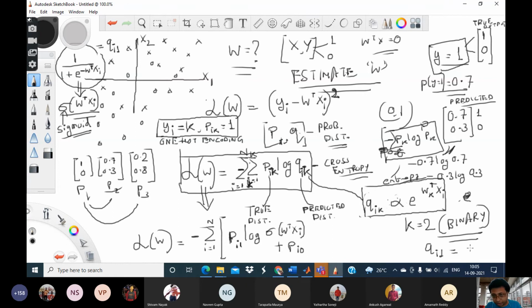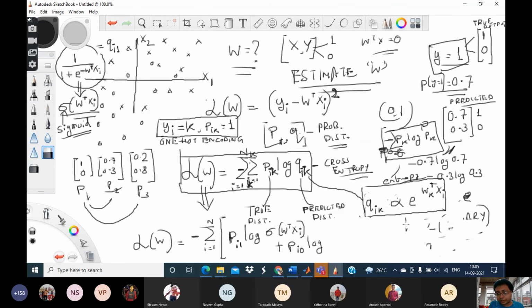So the two classes I am calling class 1 and class 0. So pi0 log qi0. Now what is qi0? I know that there are two classes only in this case, class 1 and class 0. For class 1, the probability is qi1, which I have already written.